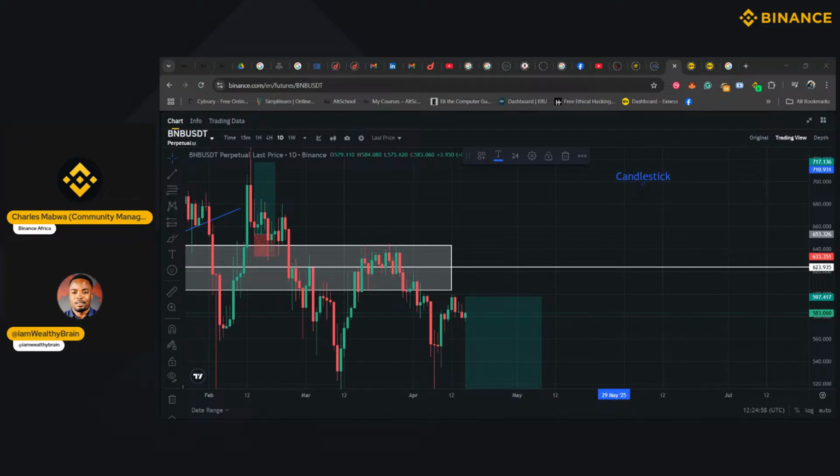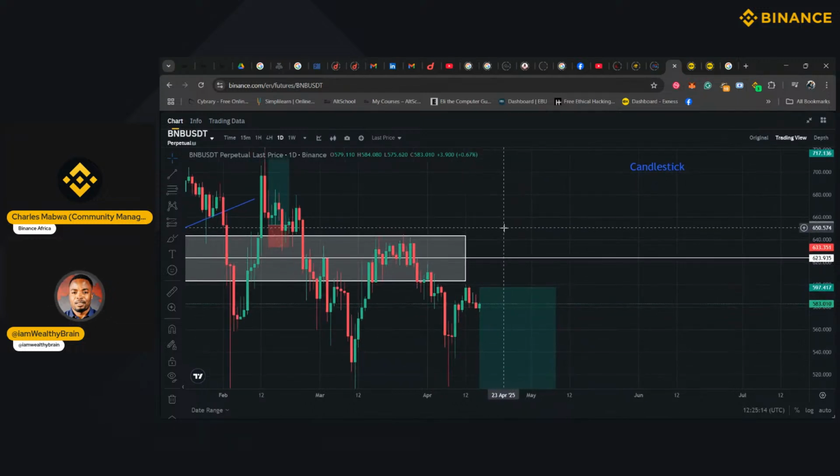Remember, candlestick alone might not give you everything as far as technical analysis is concerned, but it can give you a clue to what the market is doing. And if you understand how to apply that principle to the chart and develop the right confluence, or the right reason to enter the trade, it will play well for you.